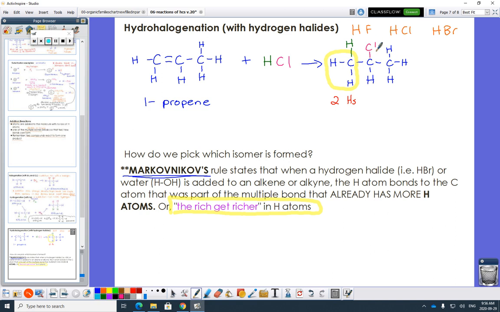That's the quote. So now this is 2-chloropropane.